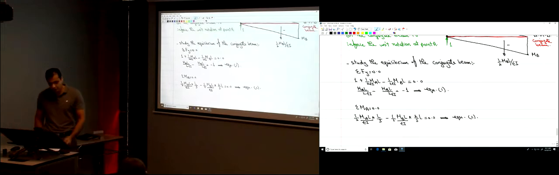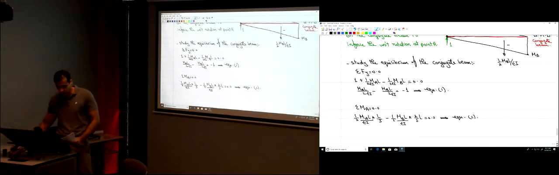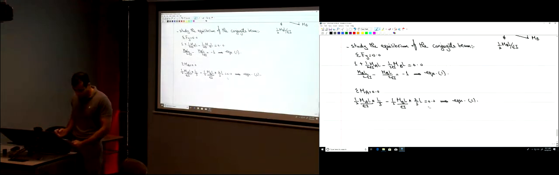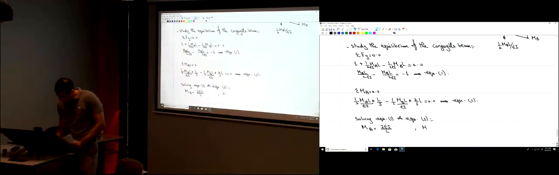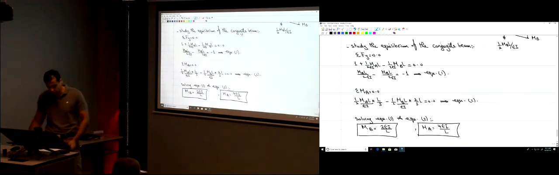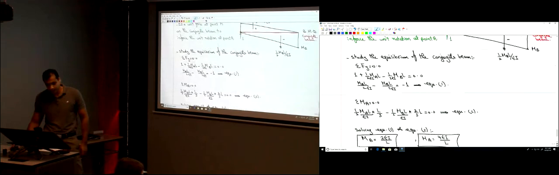We can subtract those two equations from each other after dividing equation 2 by L. So solving equation 1 and equation 2, we're going to find that MB is equal to 2EI divided by L, and we're going to find that MA is 4EI divided by L. Those are the moments at the ends due to the unit rotation, at point A and point B. Okay?